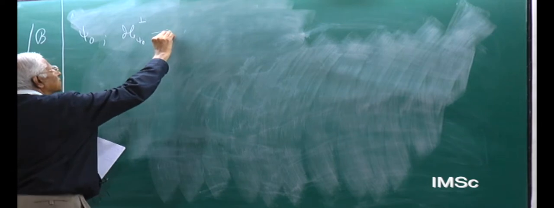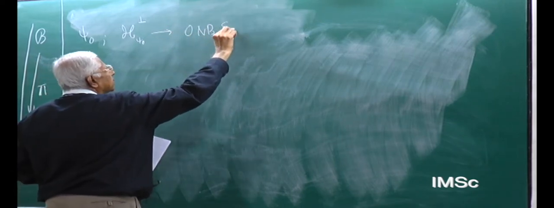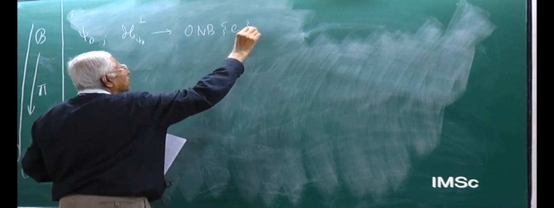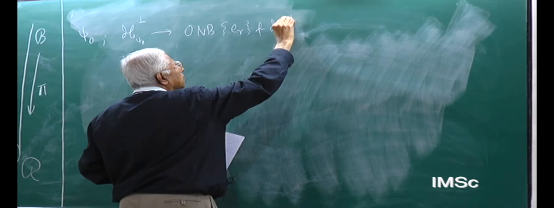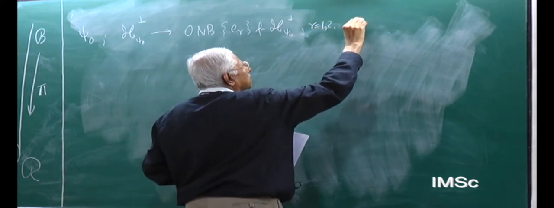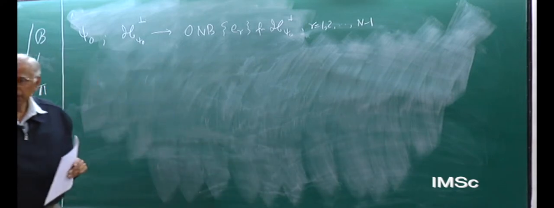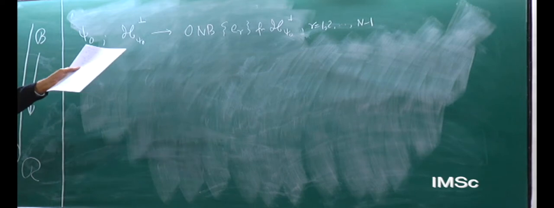Then suppose you choose any orthonormal basis e_r for this part. So r goes over this many values. If the dimension of the full space is n, one vector has been removed. So for its orthogonal complement, that's the number of vectors you need.